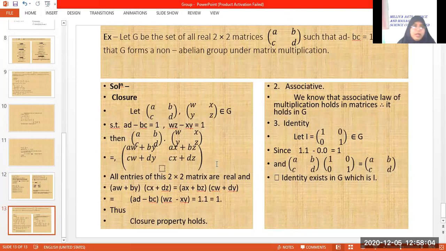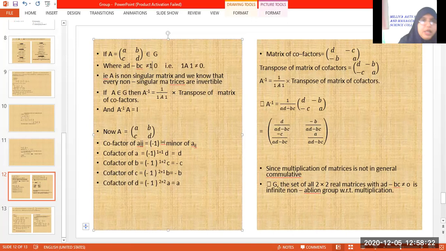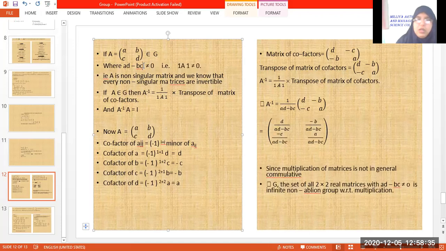Similarly, we have to prove the inverse. In inverse, we have to prove that AD minus BC is equal to 1, which is not equal to 0.